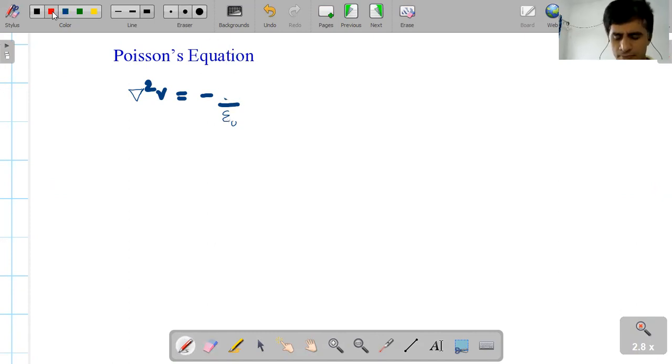Now see the solution. Our aim is to find the Poisson's equation from the relation between E and V. See the electric field, dear students.